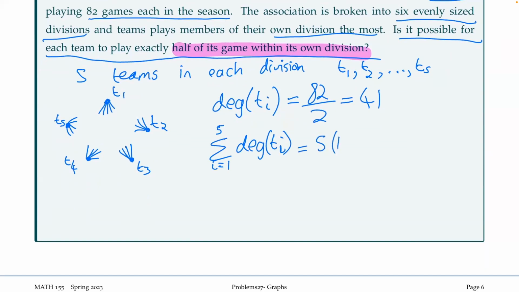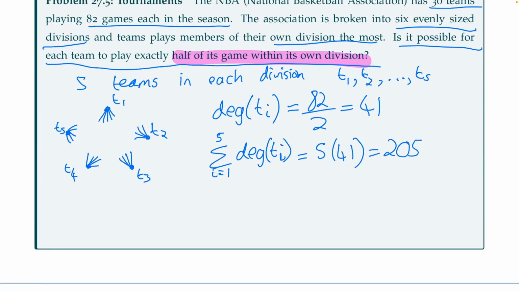It's going to be 5 times 41, which is 205. So, is it possible to have a graph with 5 vertices and a total degree of 205? Is that possible?